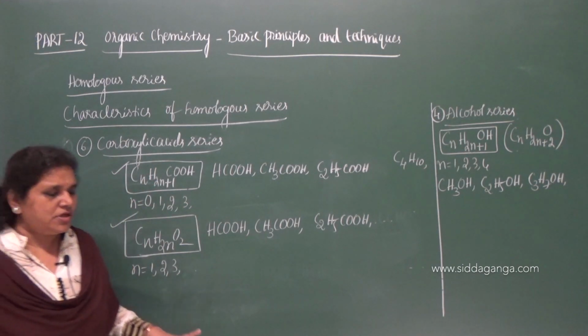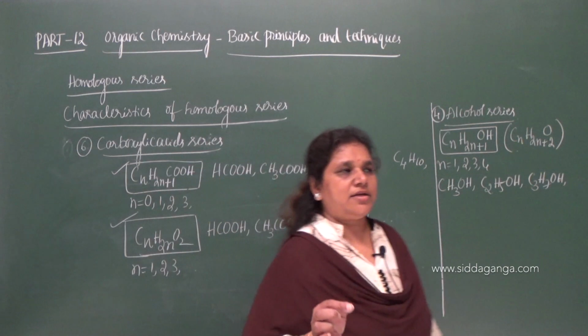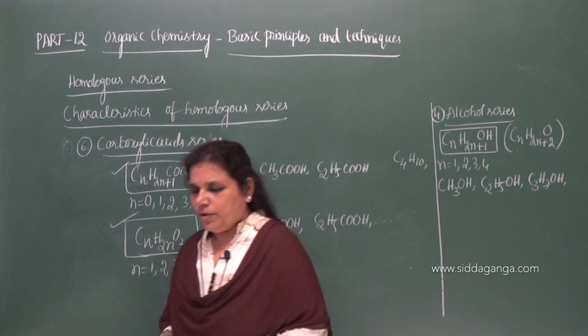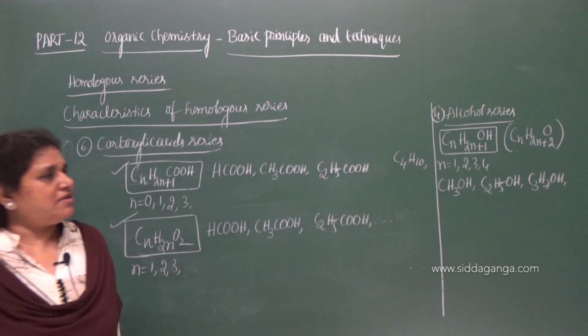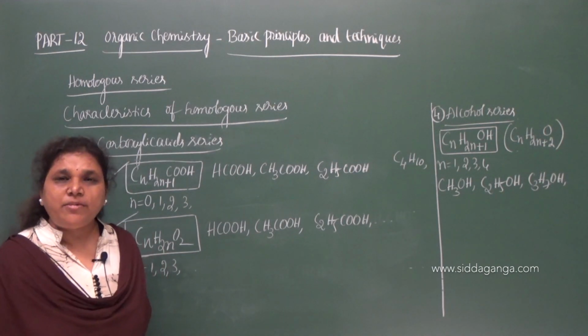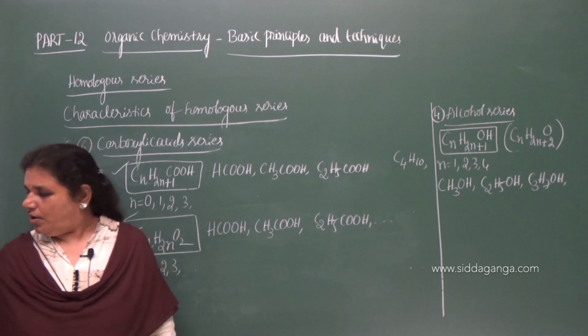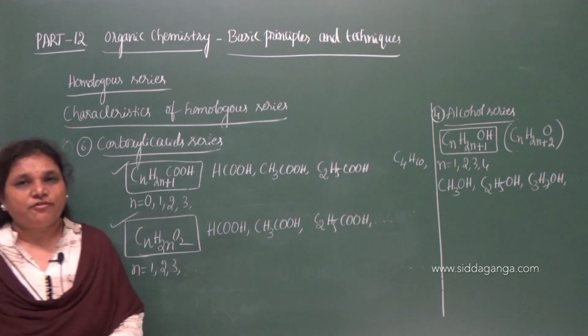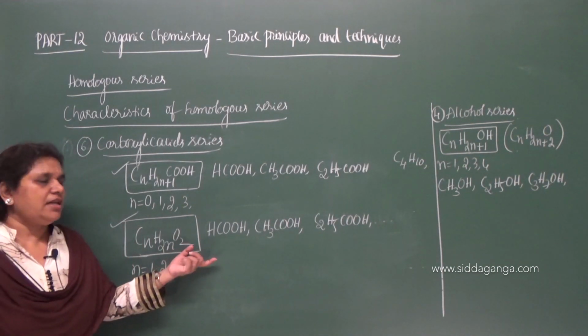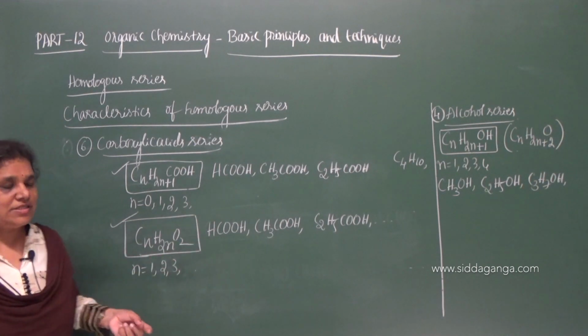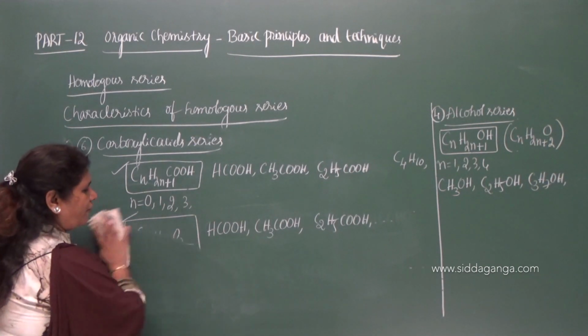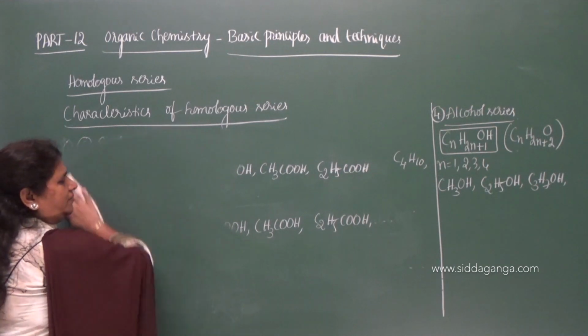So this is the first characteristic property of homologous series: all the members of a homologous series can be represented by a single general formula. Now, what is the use of writing a general formula here? We can easily get the members of the homologous series by using it.